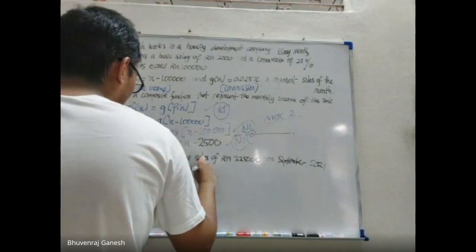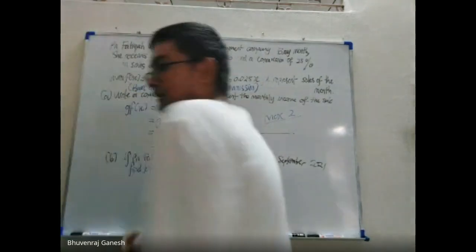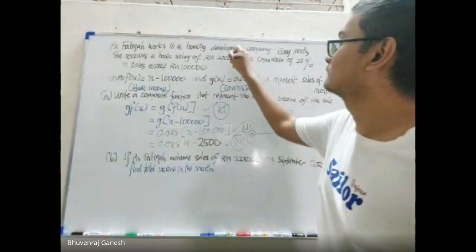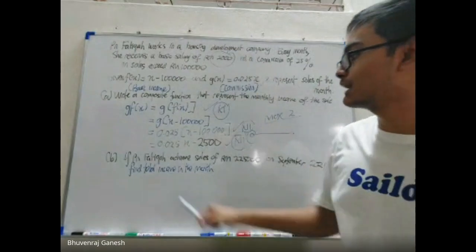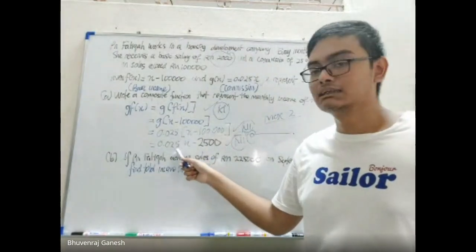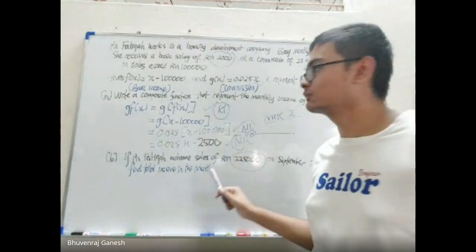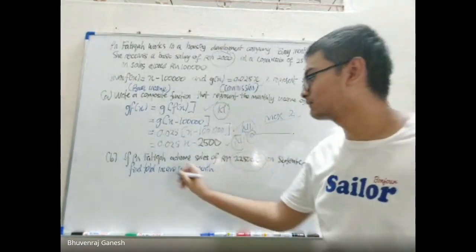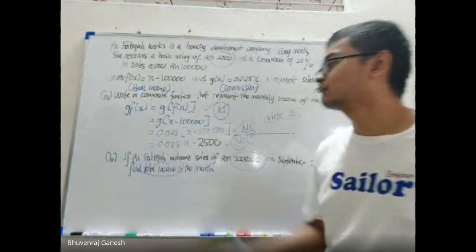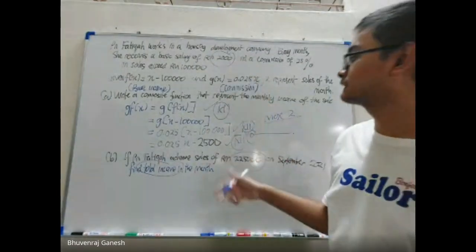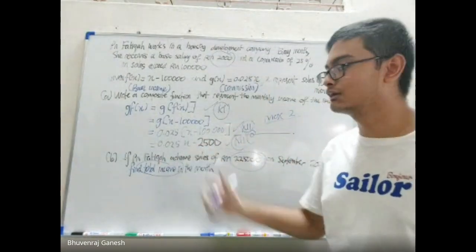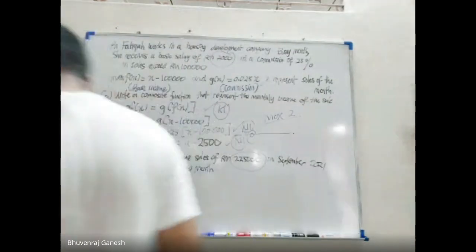So when they talk about total income, you must also consider your basic salary every month. That's why they have this info on top here. So whatever money you get from this composite function, when you sub x is 225,000, you should plus it with 2,000. So that is why they say total income. Means you have to include your basic salary plus commission from this composite function. So that's how you think.